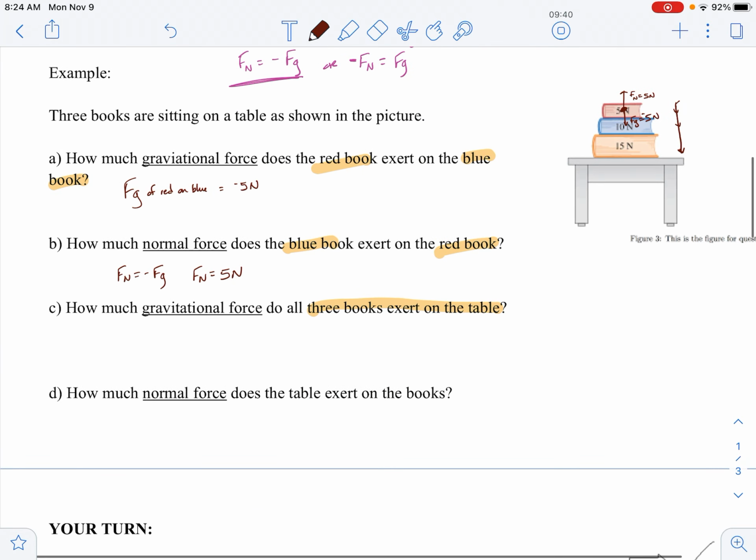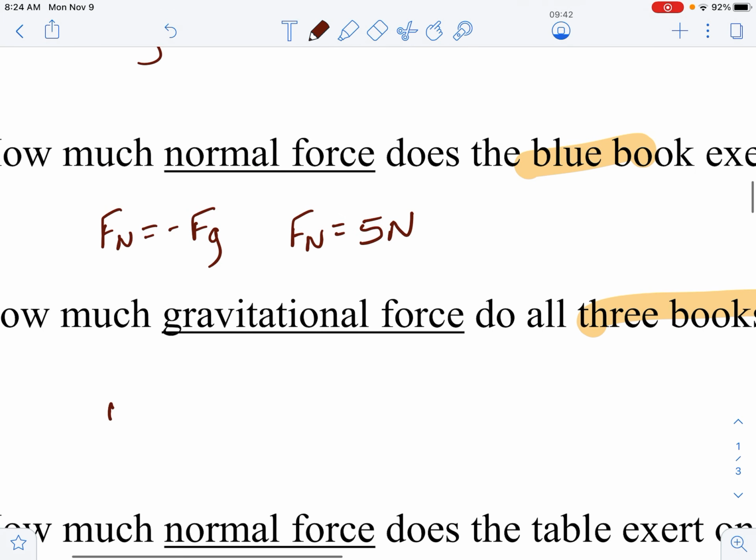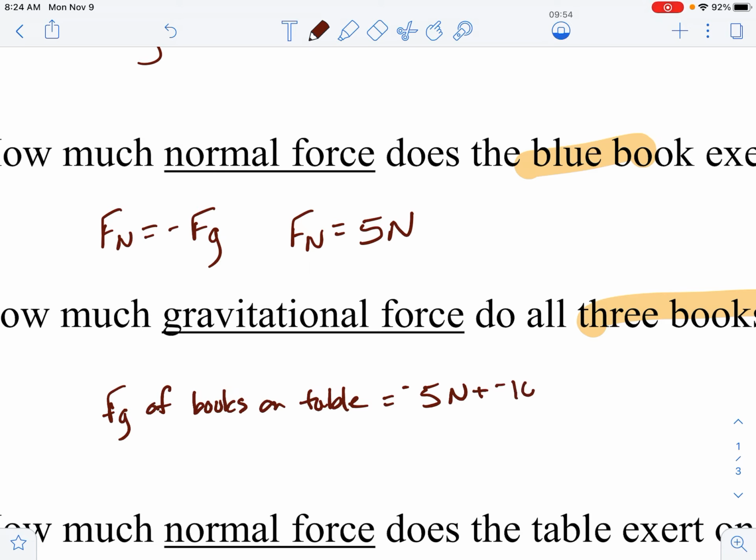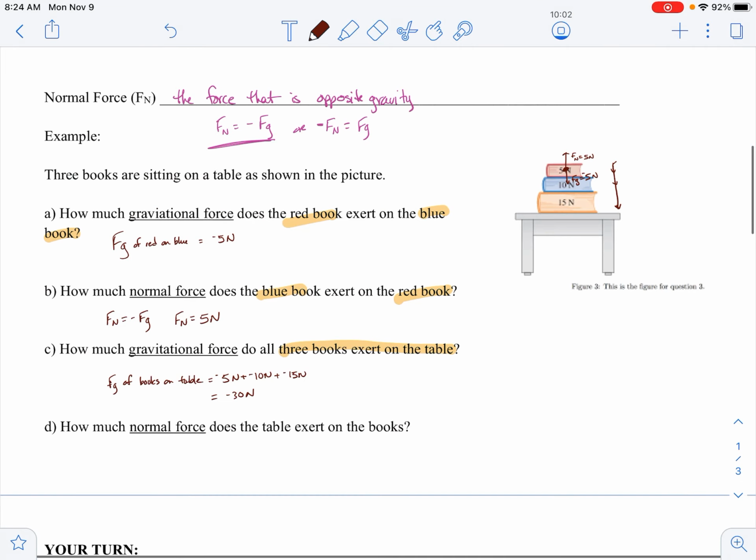So my gravitational force of the books on the table is going to have to be negative 5 newtons, plus negative 10 newtons, plus negative 15 newtons. So this is going to be negative 30 newtons, because all of those books are pushing down on each other and ultimately pushing down on the table.